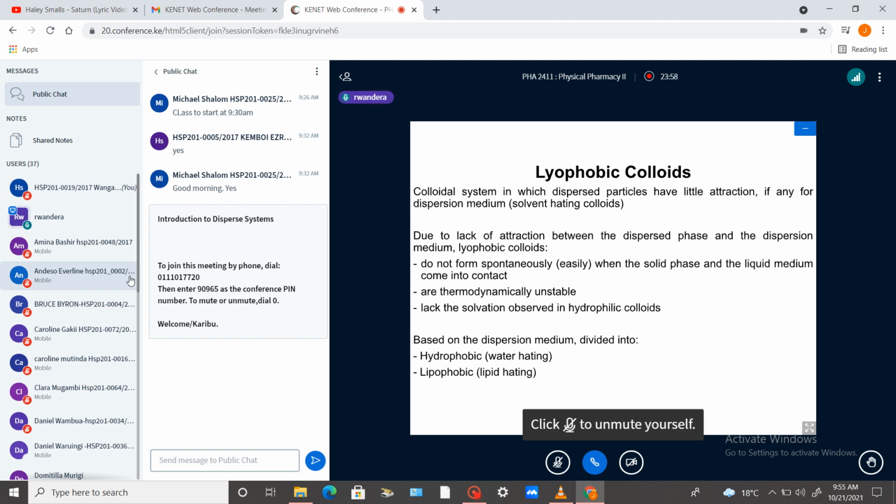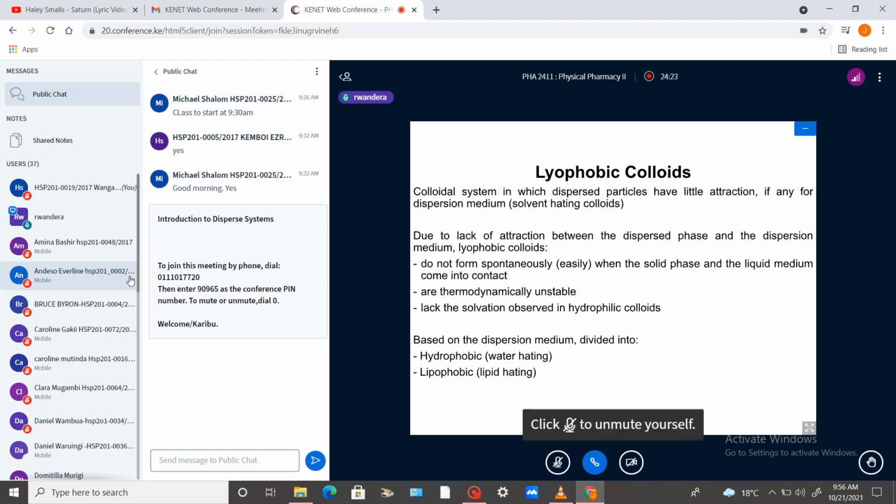Due to this very little attraction, as compared to the lyophilic colloids, these ones are very difficult to form. They don't form spontaneously. They are also thermodynamically unstable, and they lack the solvation observed in hydrophilic colloids.